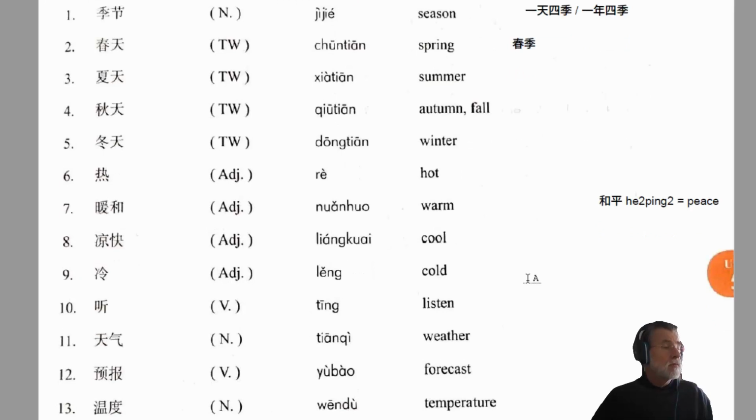So moving on, we now have the word for cool. This is one I'll need to explain a bit more in a minute. The pronunciation is 凉快, and I guess the key word there is 凉. It's interesting, when you say 凉快 with those two characters together, when the Chinese say it, they mean cool in a good sense.